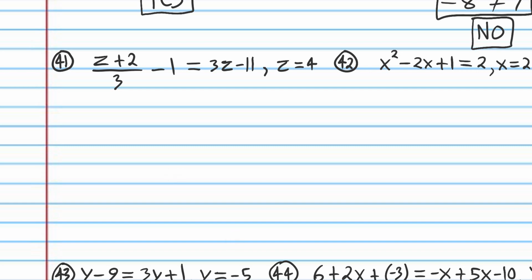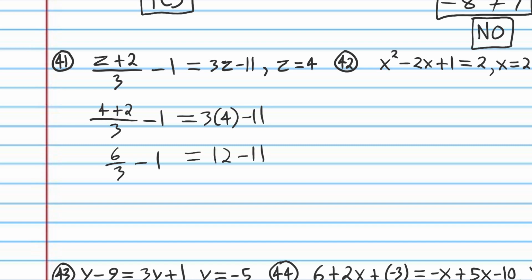All right, we're back. So we plugged in 4 for every z value. And we're just going to simplify, so we get 6 over 3 minus 1 equals 12 minus 11.